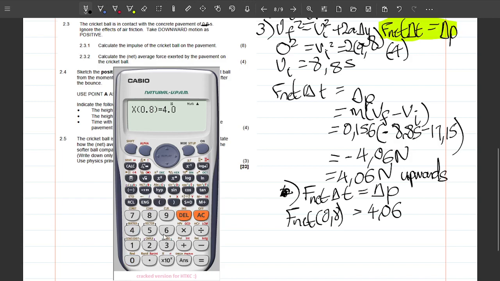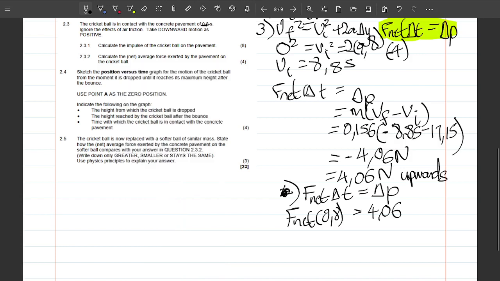So this is 4.06, and then shift solve, and that's just 5.07 for that. So that's approximately 5.07. Yeah, so our F net is then 5.07 newtons. That's our F net.